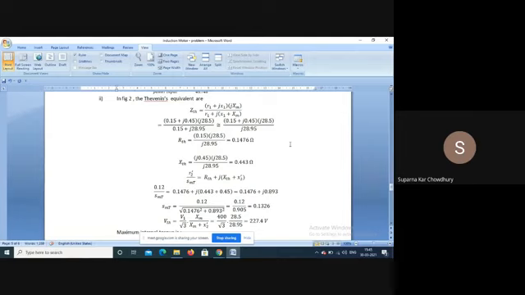So air gap power is given by 3 I2 square into R2 by S. This is basically, from the equivalent circuit point of view, the power which is dissipated across the resistance R2 by S. So R2 by S is the load impedance, so that should be equal to the internal impedance of the circuit.